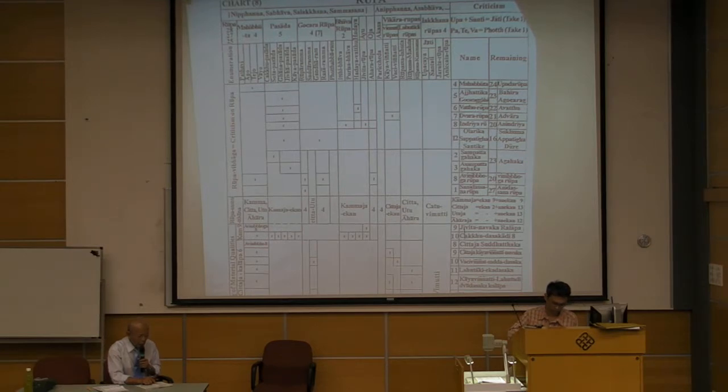Number 7, we put in Pumbhava rupa, the male sex materiality. Pumbhava is also called Purisabhava. So we call this material group Pumbhava Dasaka, male decad. And number 8, we put in Hadayavatthu. So we call it Hadaya Dasaka, and sometimes also Vatthu Dasaka. It means the heart decad.